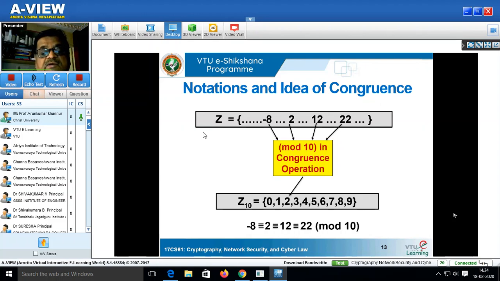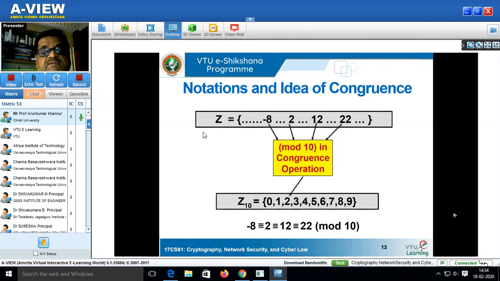Now we are working out the mod operations on different integer values in Z, which are mapping to one value. If you look here, minus 8, then 2, 12, and 22 are all called congruences, since when we carry out the mod 10 operation, all of them give rise to the residue 2.